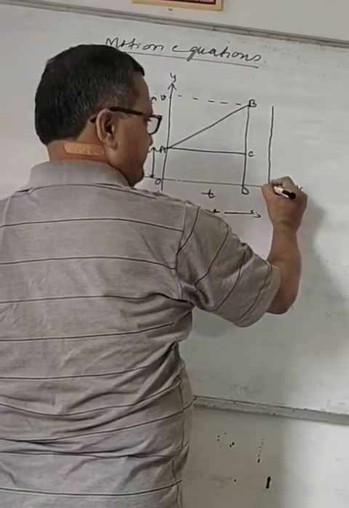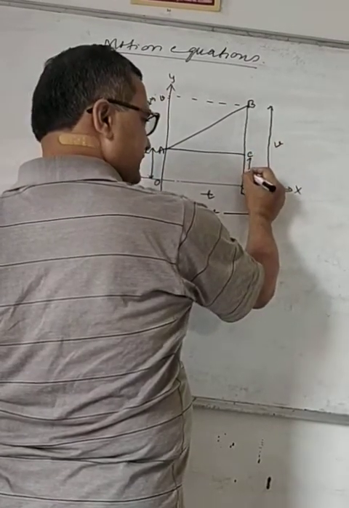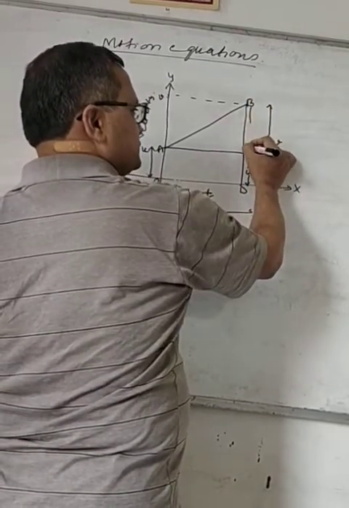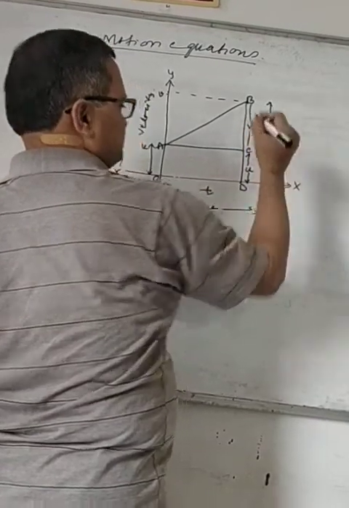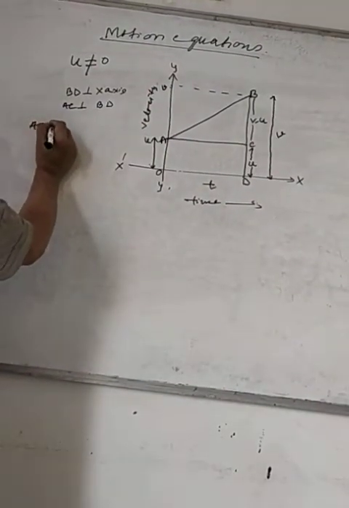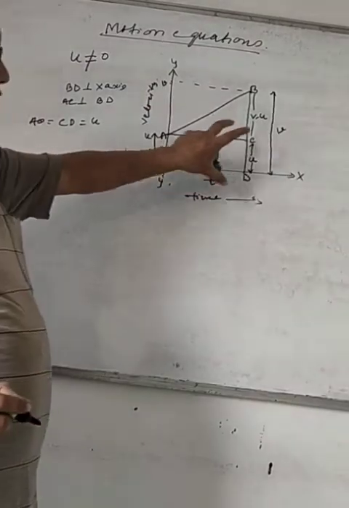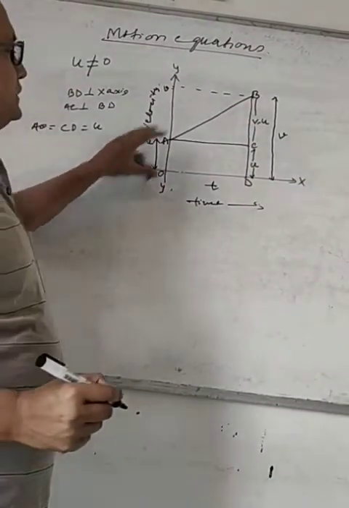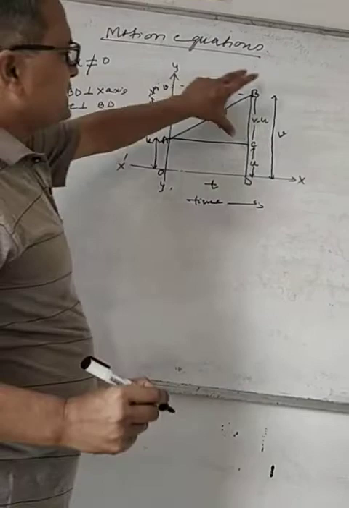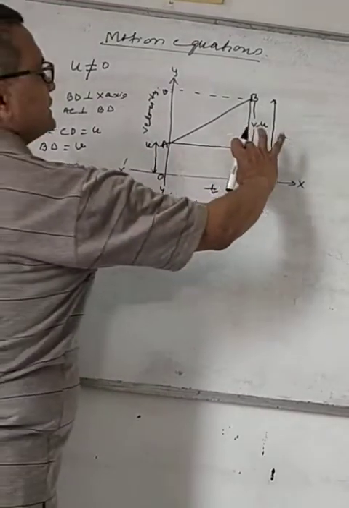BD represents V. CD is parallel and represents U, and BC is V minus U. This is written as AO equal to CD equal to U, and BD equal to V. BC equal to BD minus CD.